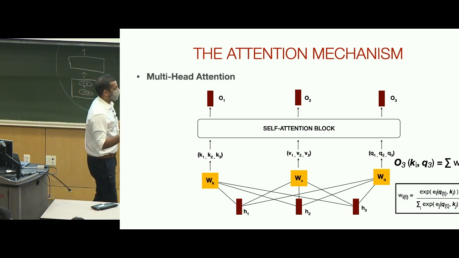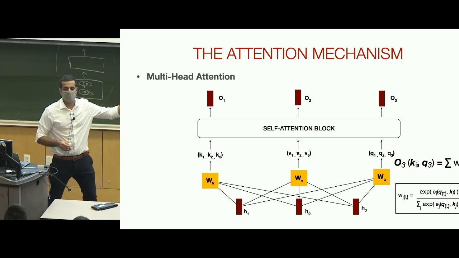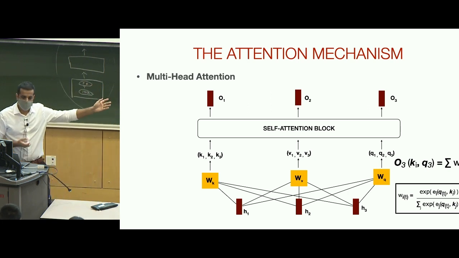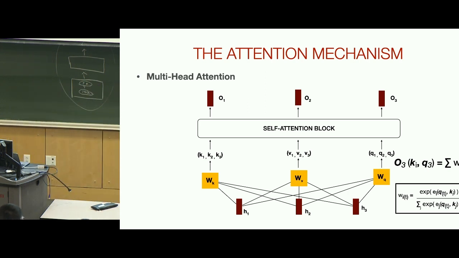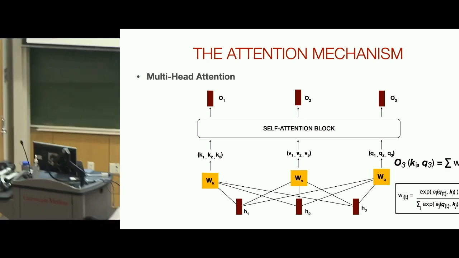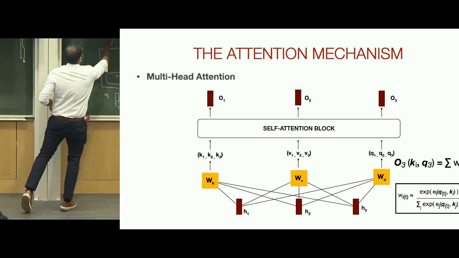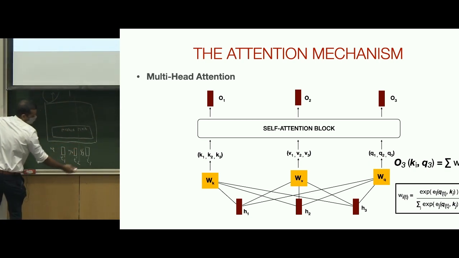Not during inference. To prevent it from cheating, from using the words it should be generating, we use masked multi-head. So we set a few of these weights to 0 depending on what we're generating. If we're generating this, we'll set both of them to 0. If we're generating this, we'll put this to 0, and so on.